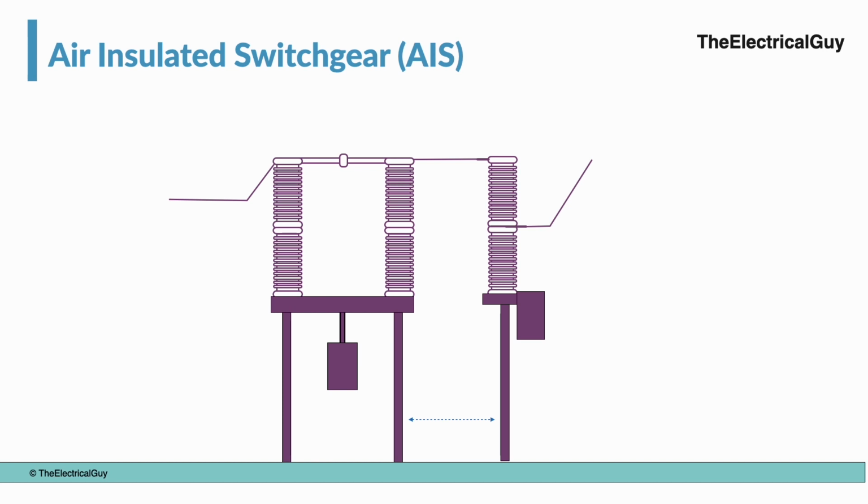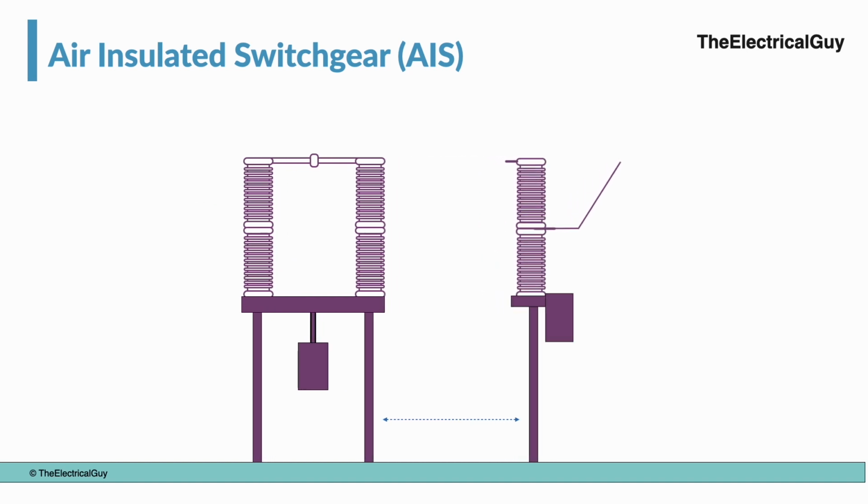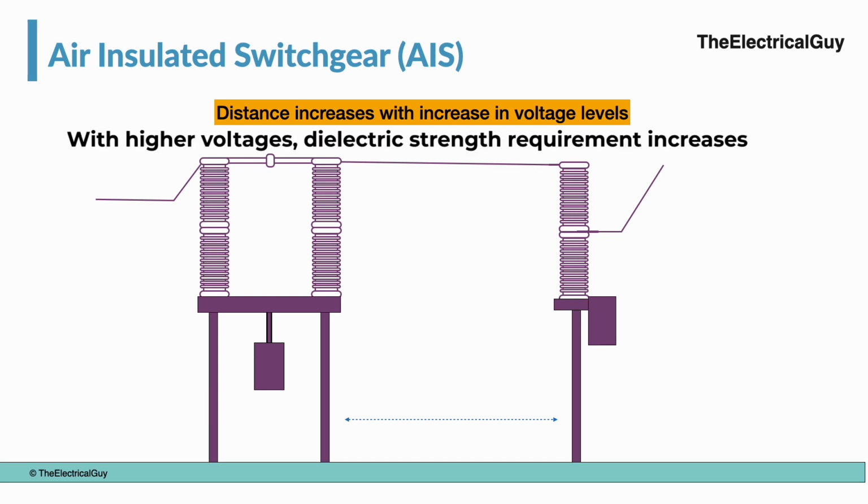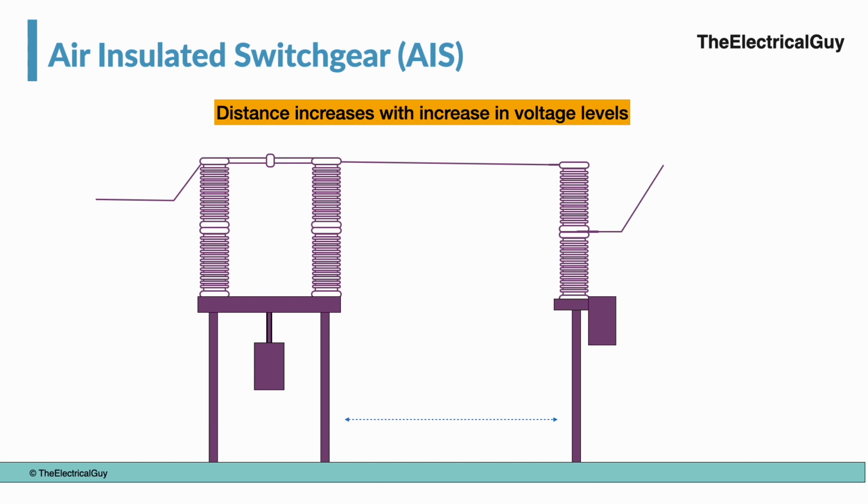For example, a specific distance needs to be maintained between a circuit breaker and a disconnector. And this distance increases with the increase in voltage rating. Because with higher voltages, the dielectric strength requirement increases, and that can be achieved in AIS technology by increasing the distance between the two switchgears.